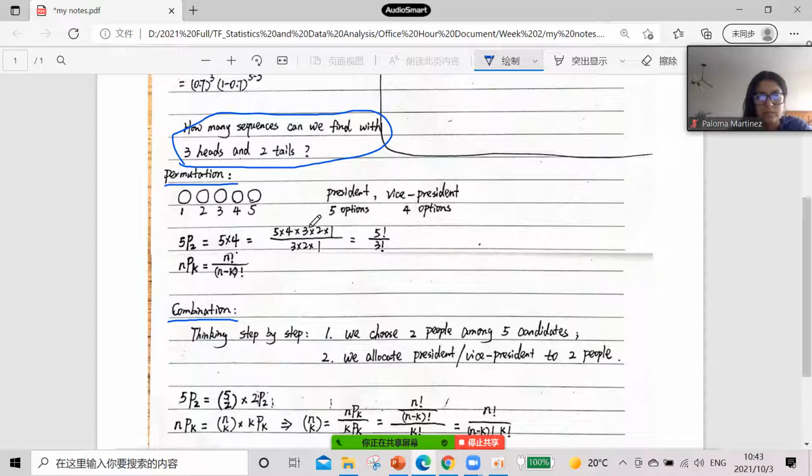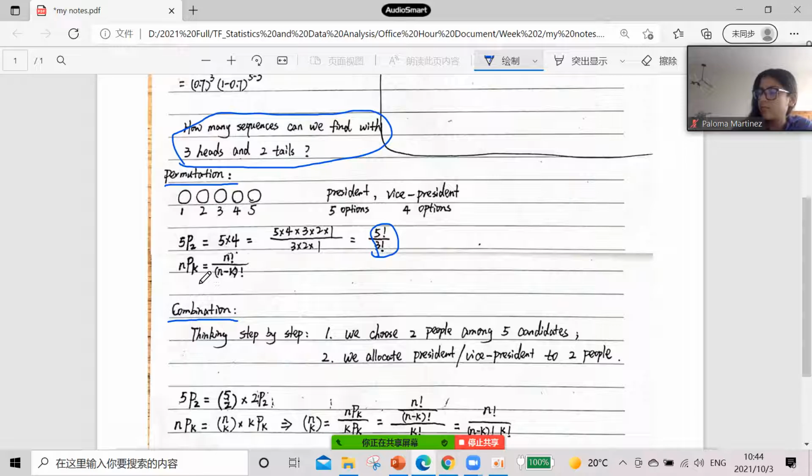We just multiply 3 times 2 times 1 on the denominator and numerator, to make that 5 factorial divided by 3 factorial. Maybe some mathematicians think this is better looking, so they use those kinds of notations to form this formula.